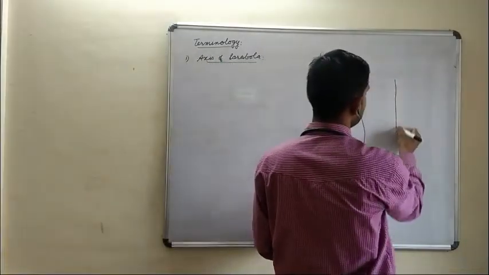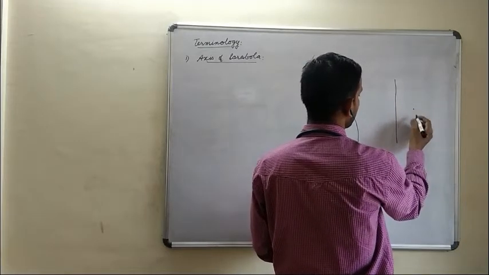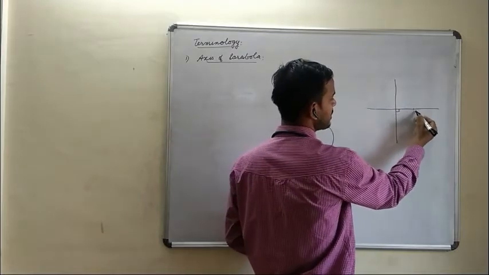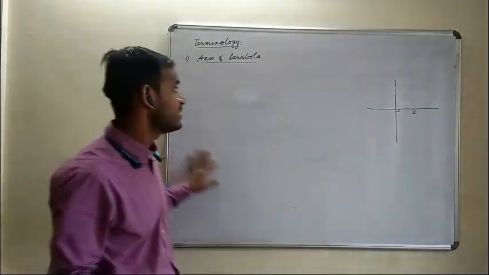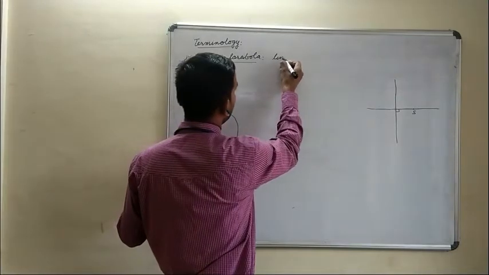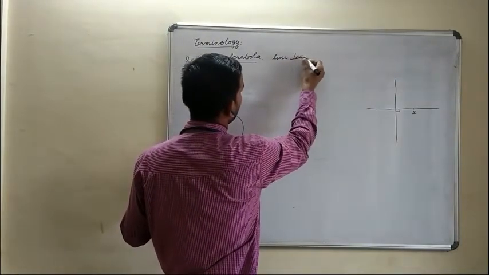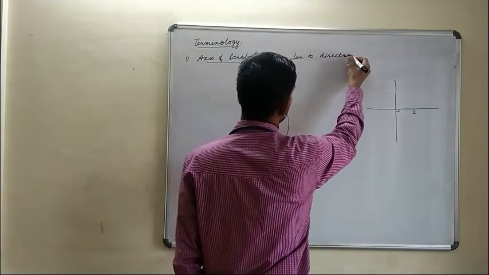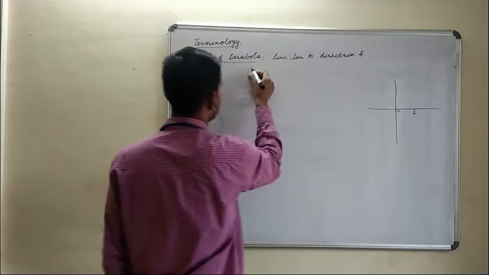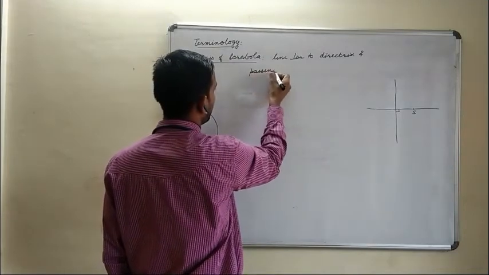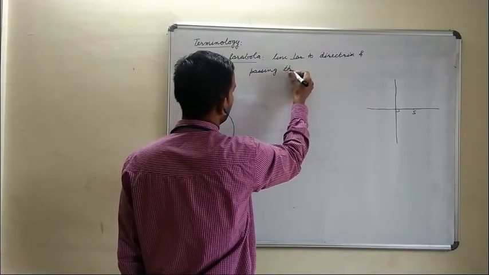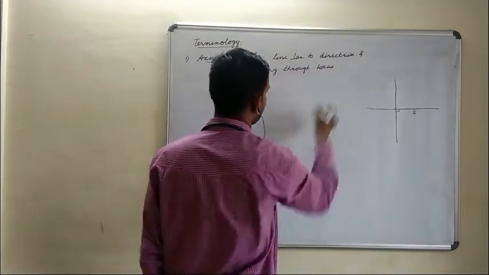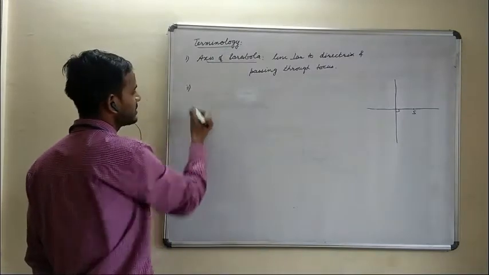So if this is directrix and this is focus, so this line which is perpendicular to directrix and passing through focus is called its axis. Line perpendicular to directrix and passing through focus.